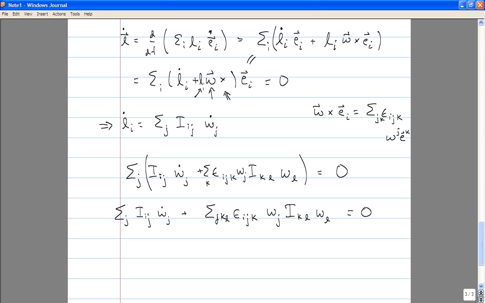So let's go through that a little more carefully. So omega cross E is the sum over j and k, epsilon ijk, omega j ek. Yes, I also flipped my indices around a little bit. Okay. So let's write this out a little more explicitly. So what is this term here?